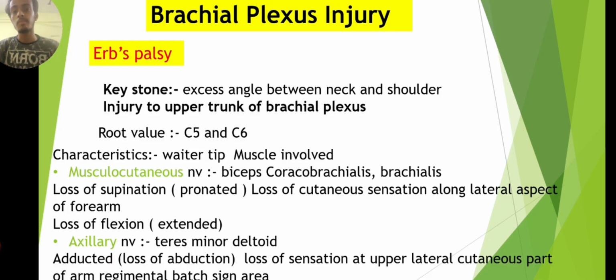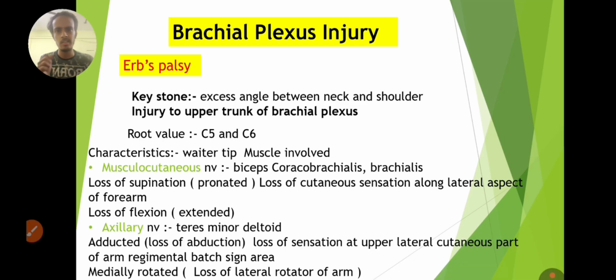The second thing is that biceps, along with flexion, also helps in supination in the semi-flexed position. As I have already told you, the musculocutaneous nerve supplies the muscles brachialis, which is the major flexor, then biceps brachii, and coracobrachialis.